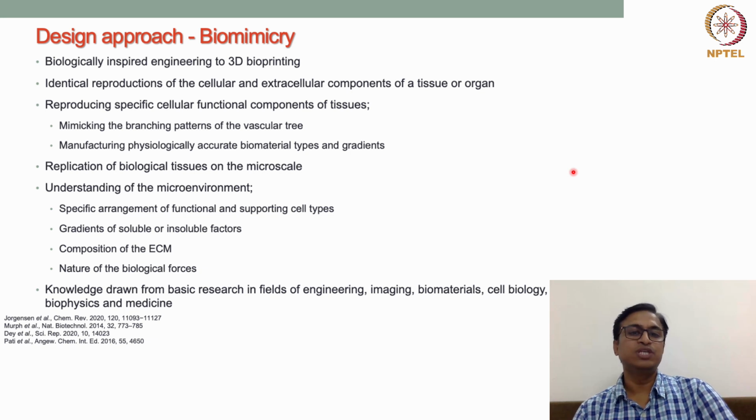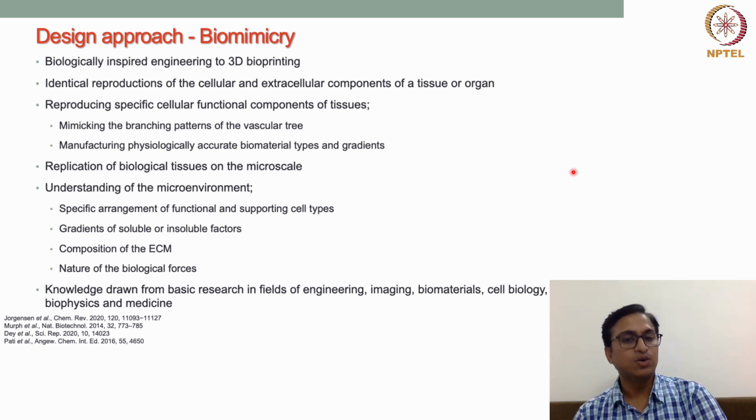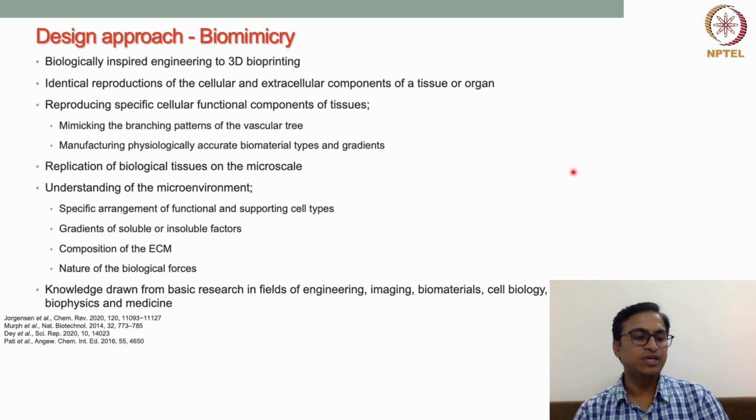So we need to understand, if it is a biomaterial gradient, what type of biomaterial is present, how those biomaterials are arranged or organized, and how the gradient is generated. While manufacturing that particular tissue, suppose by printing, if we can accurately manufacture that kind of pattern, then only is it possible to develop the tissue structures.